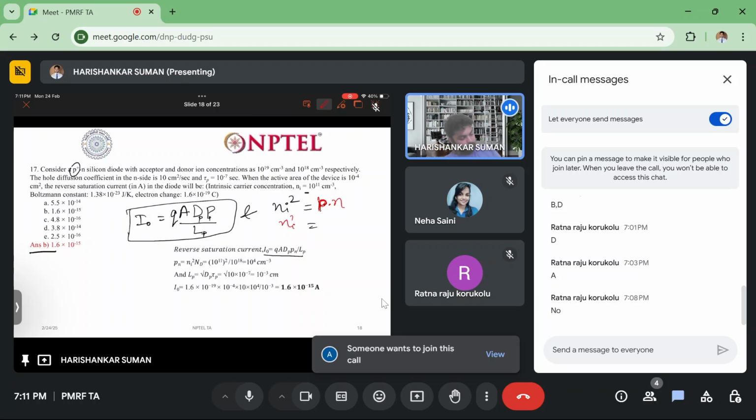So what will happen? Holes and donors we can replace, so we can calculate the concentration of holes. This is the donor.